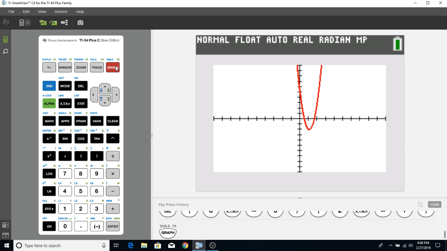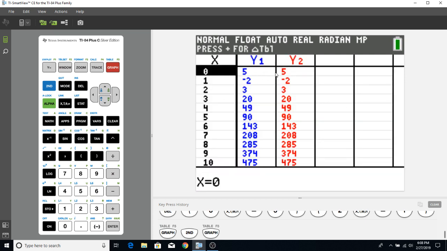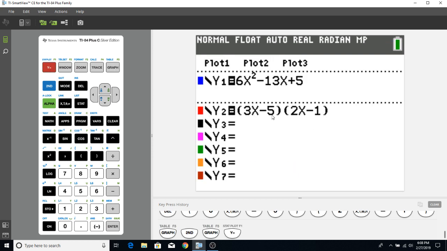There it is. Did you see how the blue graph went first and then the red graph just went right over it? And you look at second graph, you see they all line up. 5, 5, negative 2, 2, 3, 3, 20, 20, 49, 49. So these are correct.